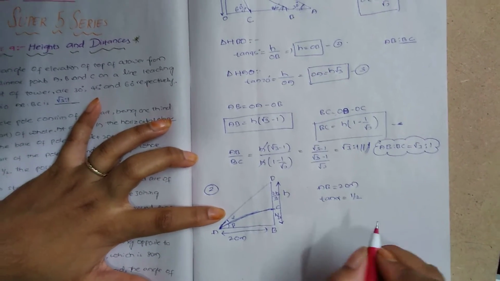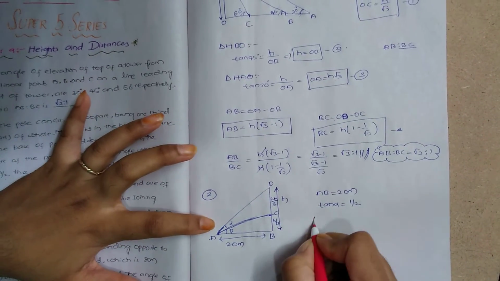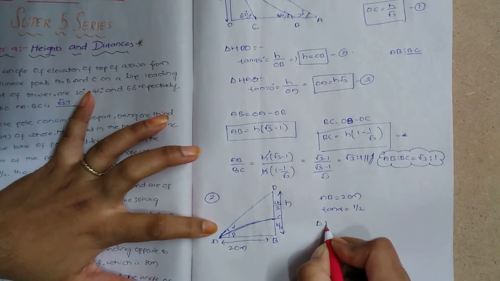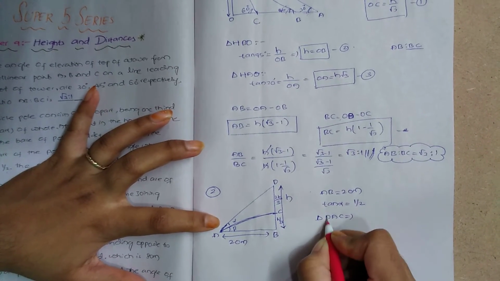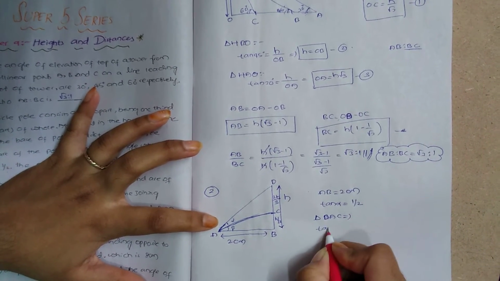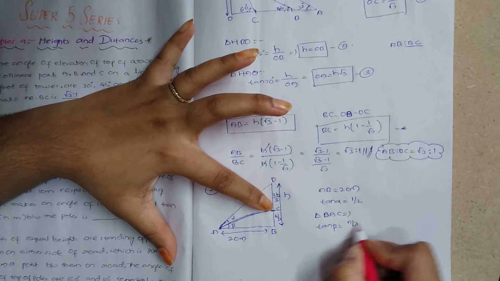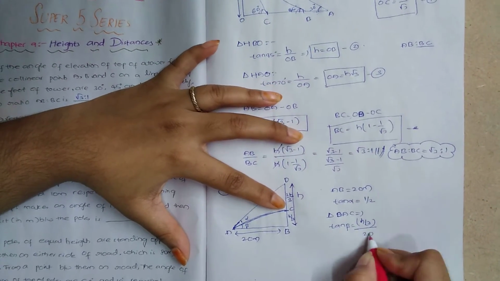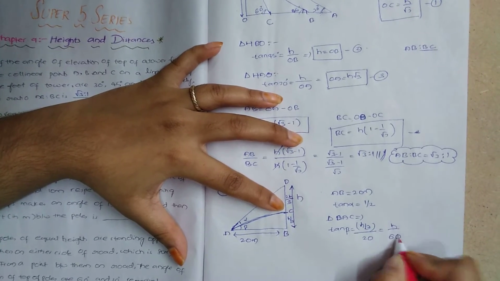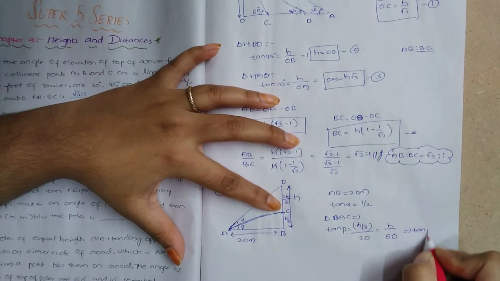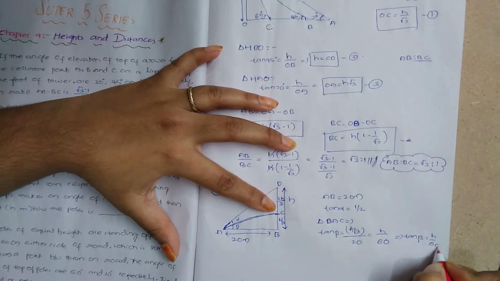Yes, now look carefully. From triangle BAC, what do we get? Tan beta is equal to H by 3 by 20. It gives H by 60. That implies tan beta is equal to H by 60.